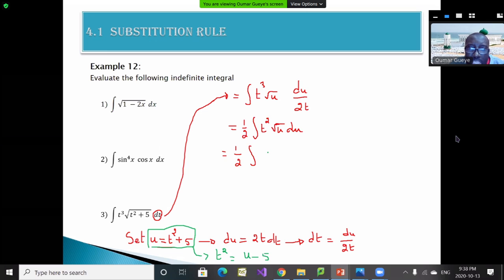I'm going to replace it, because I have to express my new integral in terms of u only. That's the purpose of introducing u, in order to simplify my integral. So doing so, I'll get u minus 5, but root u, I'm going to write it as u to the power half.